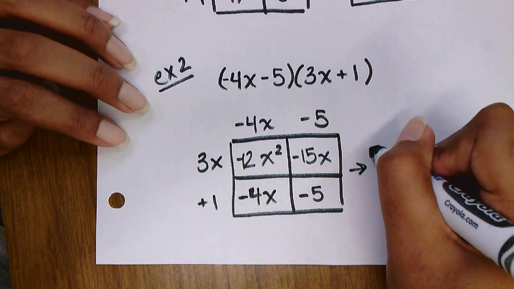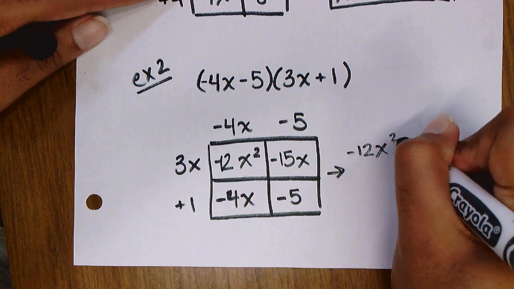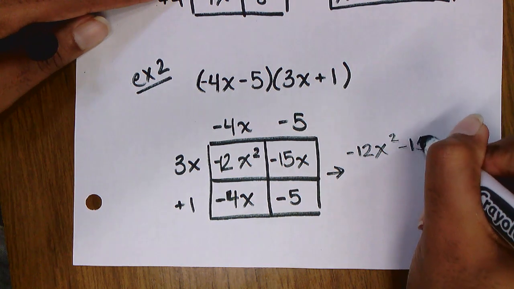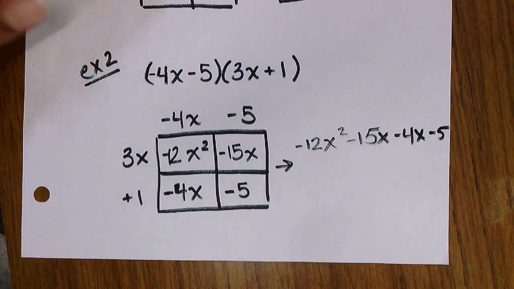So now if we write all of these terms out in order, we have negative 12x squared, minus 15x, minus 4x, minus 5.